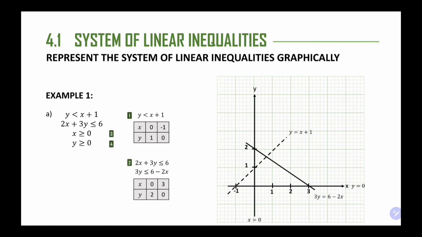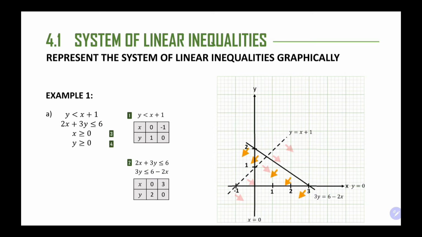Okay, next, we determine the feasible region by looking at the inequality signs. So first line, y equals x plus 1. We have y less than, so below the line y equals x plus 1. Next function, we have y less than or equal to, so below the line.